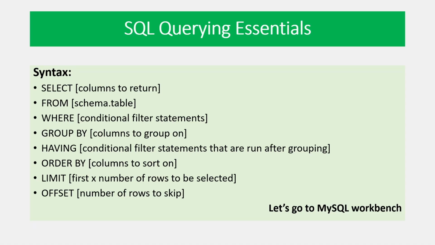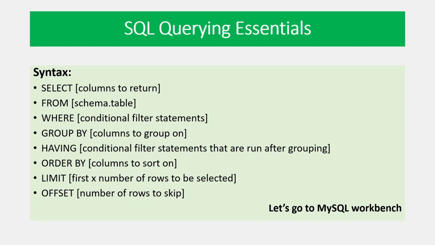And this is the syntax that we need to follow while writing a SQL query. A SQL query always starts with select statement, then from, then where, group by, having, order by, limit, and offset. Okay, and this is the order of syntax that we have to follow while writing a SQL query. You can't use offset first and then limit. When you do that, the query won't work.